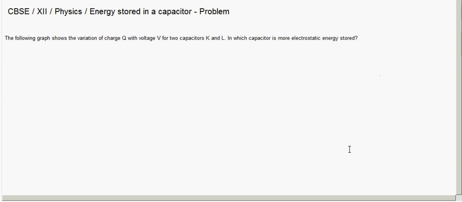First take down the graph. Q versus V graph.